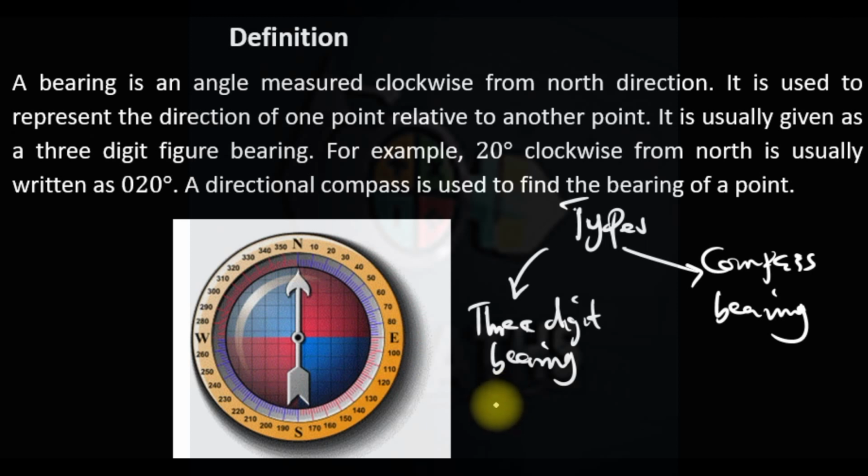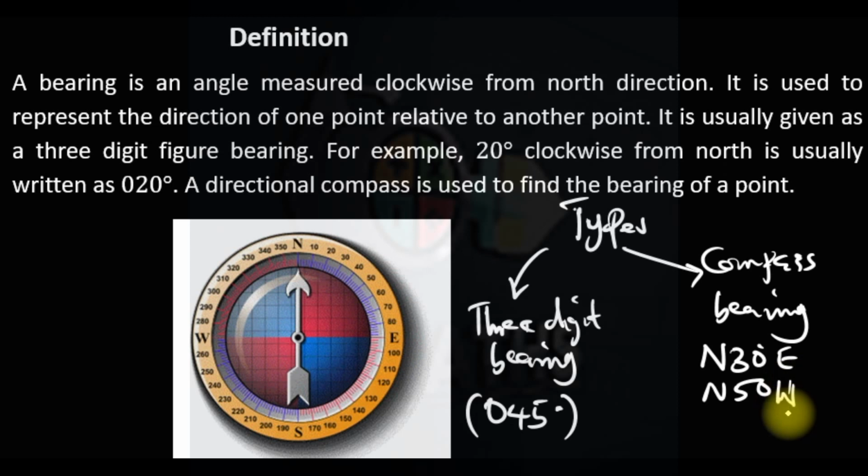So if you have 45 degrees, you write it as 045. From the name, 3 digits. But in compass bearing, we have only 2 digits, and we start from either north or south and move east or west. So you always see something like north 30 degrees east, or north 50 degrees west.